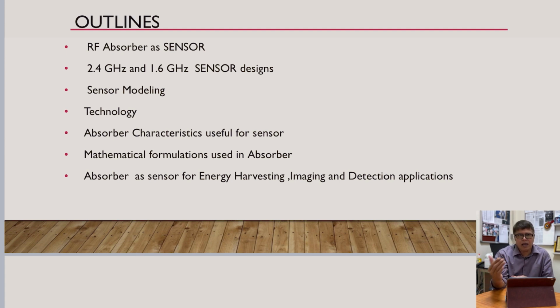It means with the help of these RF absorbers, if they are placed at Wi-Fi or GPS frequency, they will act as a receive antenna in association with the rectifier, and the DC voltage will be available.